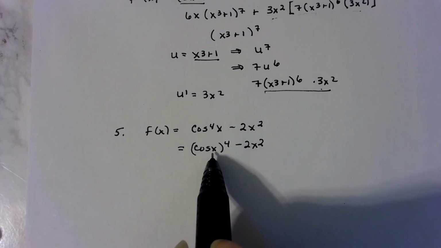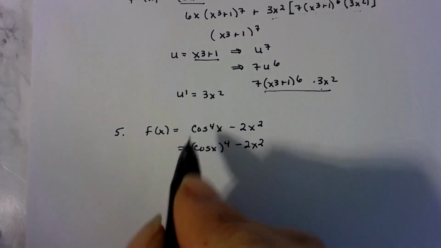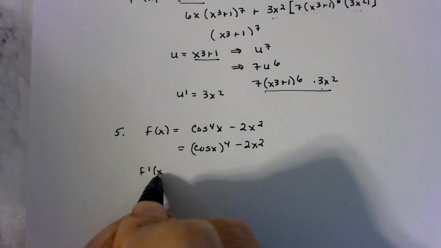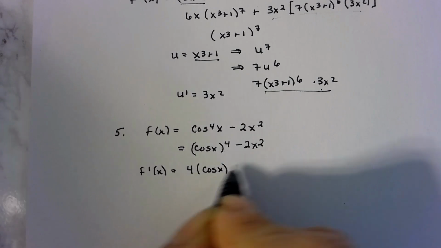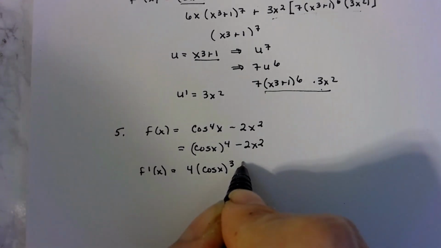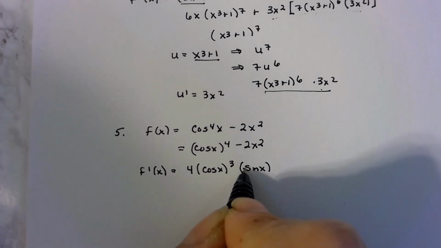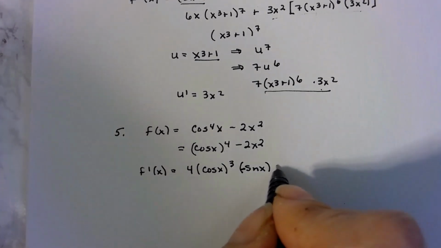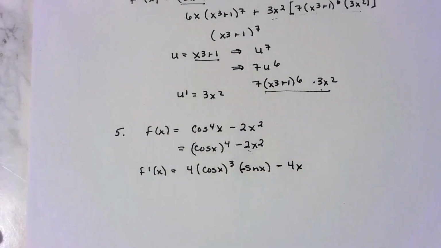And this shows me here, I've got that inner function, outer function thing, so I need chain rule. So let's chain that. It's 4, replace the inside, subtract 1 from the power, times the derivative of the inside, that's a negative sine of x, minus, now when I go over here, that's just power rule, 4x. Done.